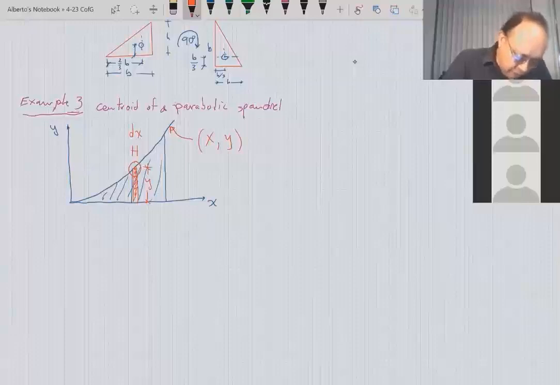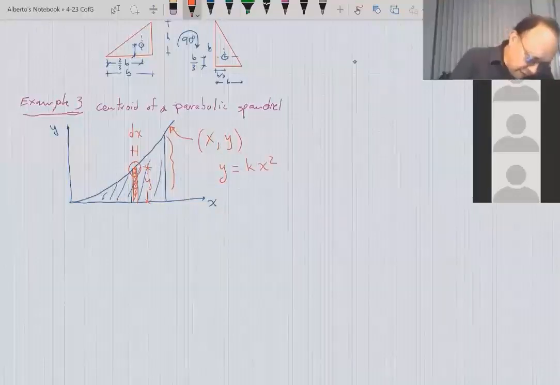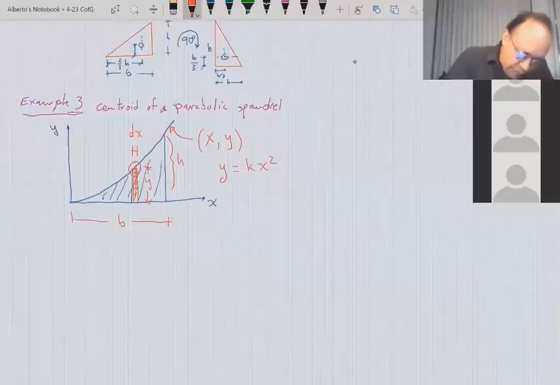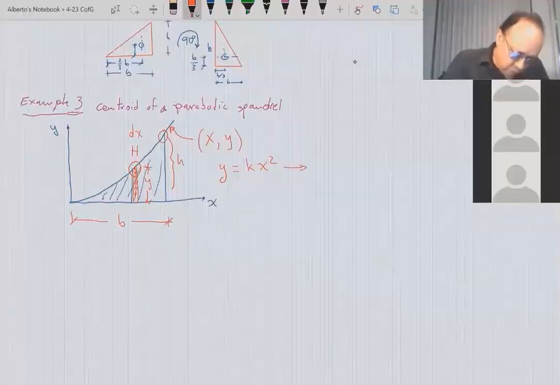And what relates x with y is the equation of the parabola, y equals kx squared. And if we define our parabola by this height h and this base b, well, then you can replace h and b because this point has coordinates b, h. So this equation has to be true also for that point. So when x is b, y is h.